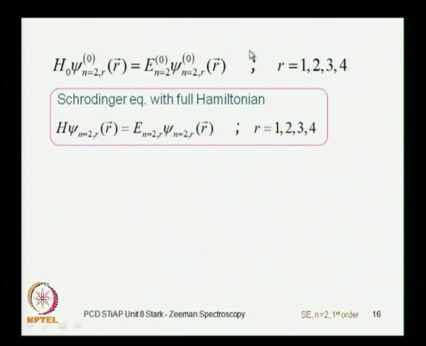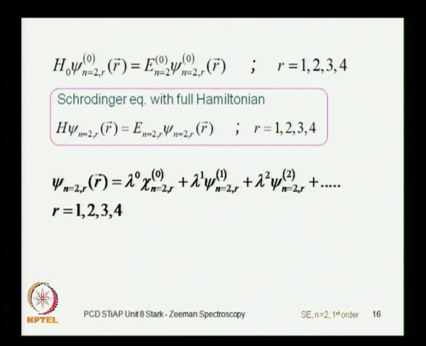So this is the Schrodinger equation with the full Hamiltonian, and we will expand the perturbed solution, the eigenstate of the perturbed Hamiltonian, as an expansion in the perturbation order parameter lambda. You have got a term in lambda to the power 0 which will be the unperturbed state, but the unperturbed state is not unique, it will be a linear superposition of all the 4 eigenstates.